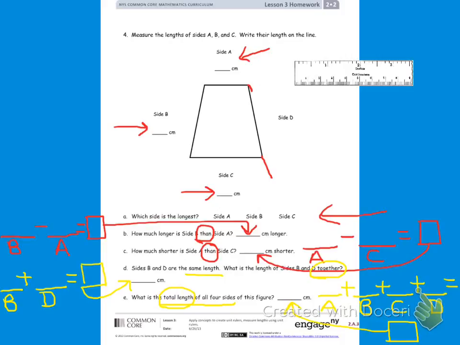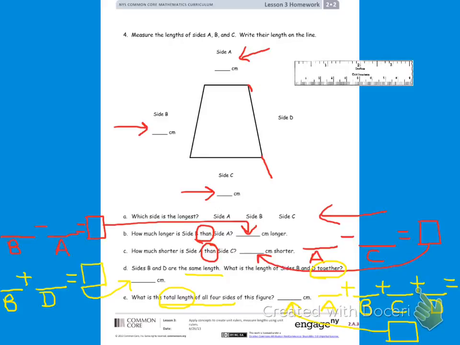Now, even though there is no quantity for side D shown in the illustration at the top, you'll remember that lowercase d says that sides B and D are the same length. So use the same number on lines B and D. Also, be sure that you are labeling your lines just as I've done.